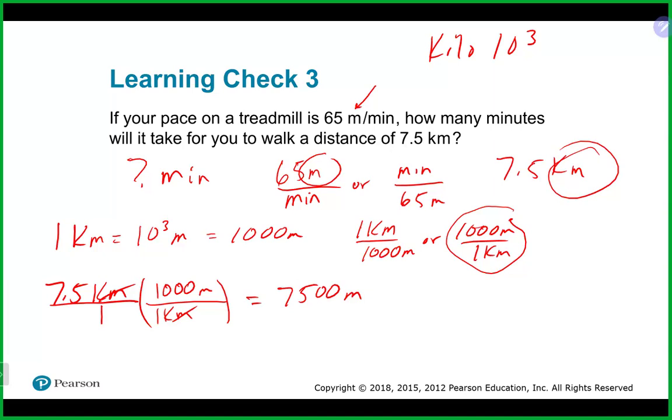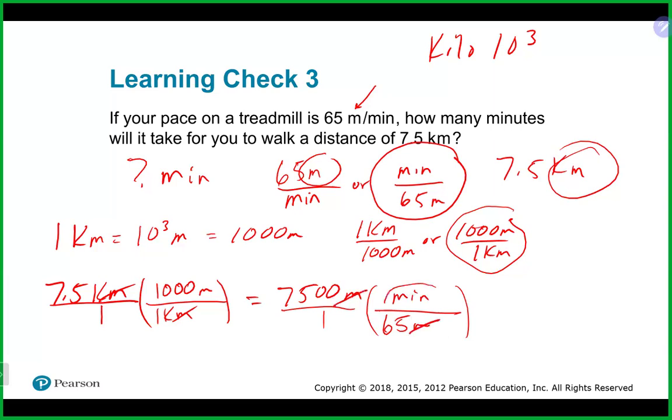So again, if you're not sure how to use it, just think about opposites. So this guy again is still up on top, which means when we come into the next spot, we need to go opposite. So once again, here on the right is what we're looking for. That's going to put the meters in the opposite location on the bottom, and minutes are up on top. And actually, in this case, the meters will cancel. That's going to leave us minutes.